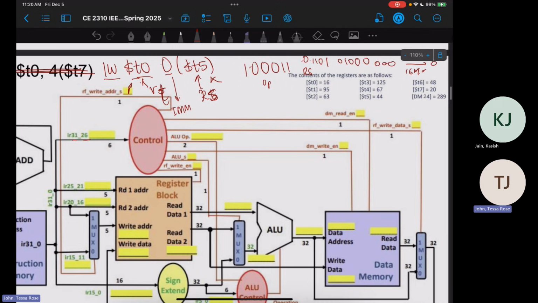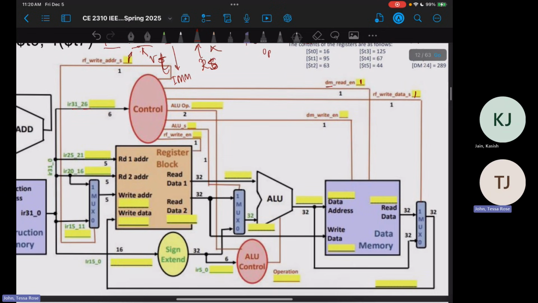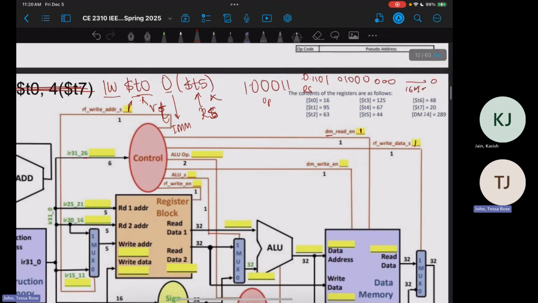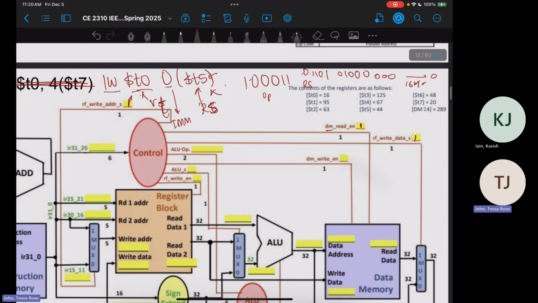We will also be reading it, so all of the read ones should be 1 as well. And this is the data memory. We're reading from the data memory, right? We take whatever the content is at T5 and we add 0. We're not writing to the data memory, so that's 0.